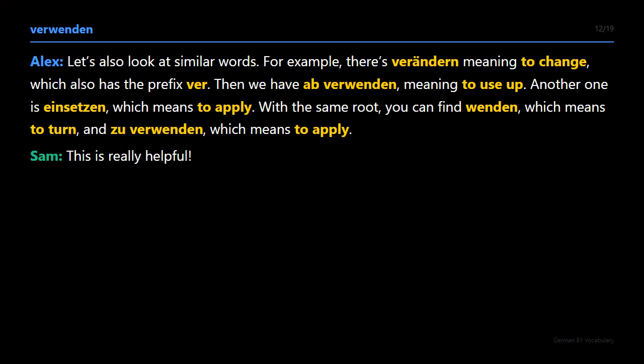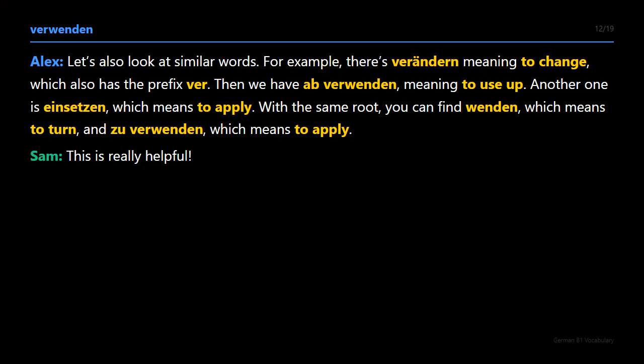Another one is einsetzen, which means to apply. With the same root, you can find wenden, which means to turn. And zu verwenden, which means to apply.